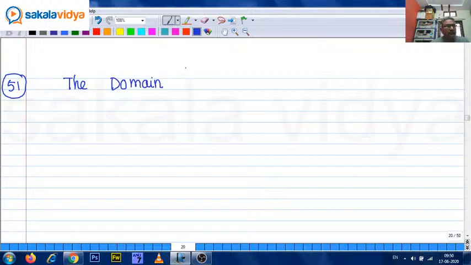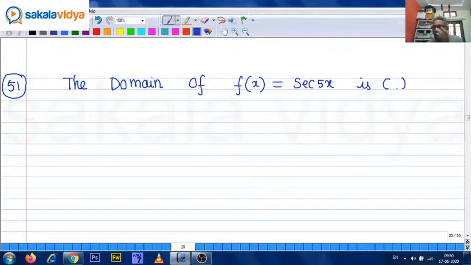The domain of f of x equals sec 5x is: first option, set of real numbers minus n pi, n belongs to set of natural numbers.